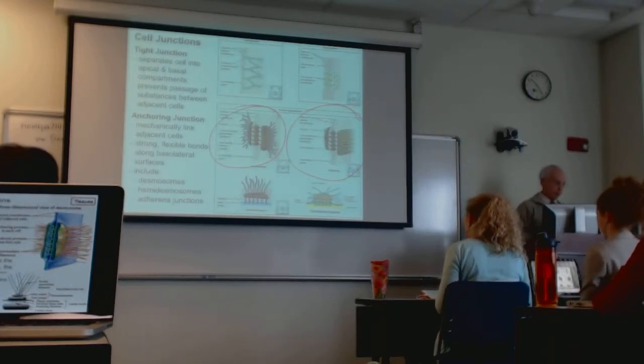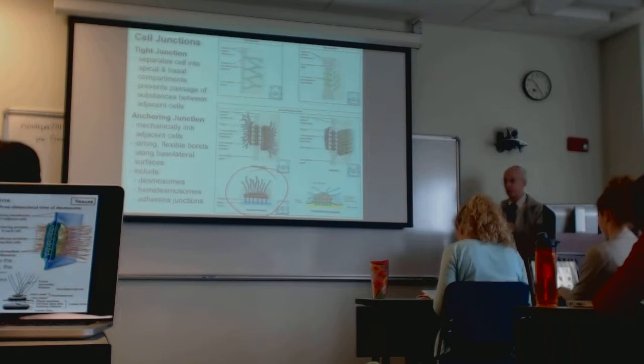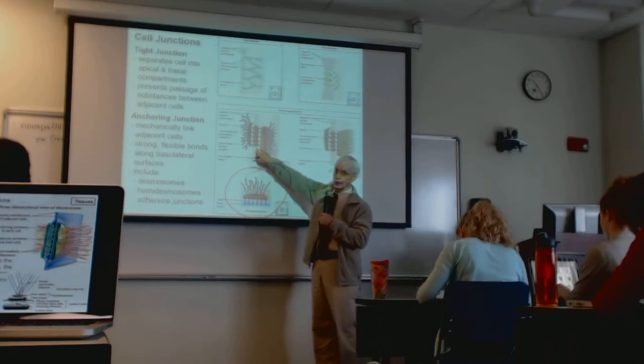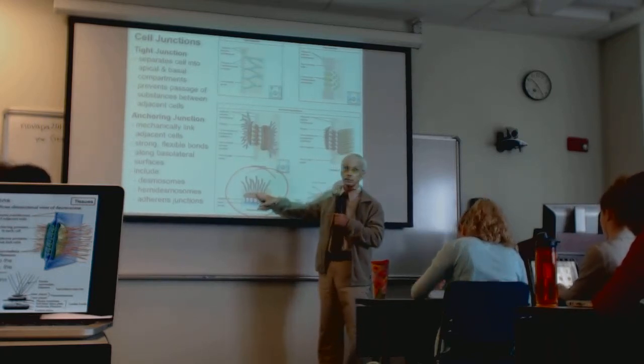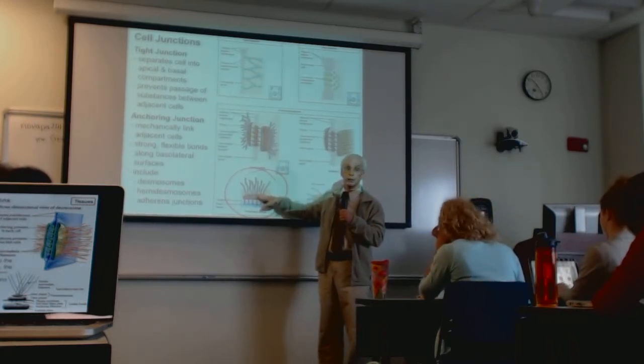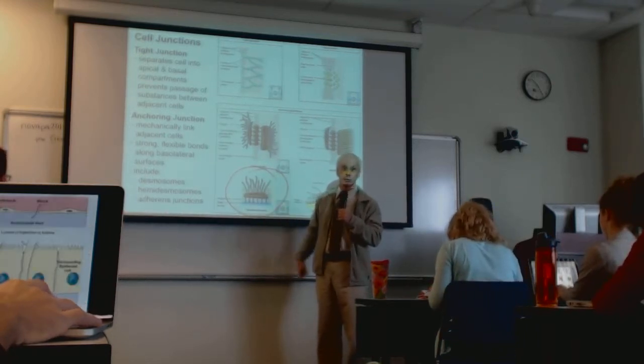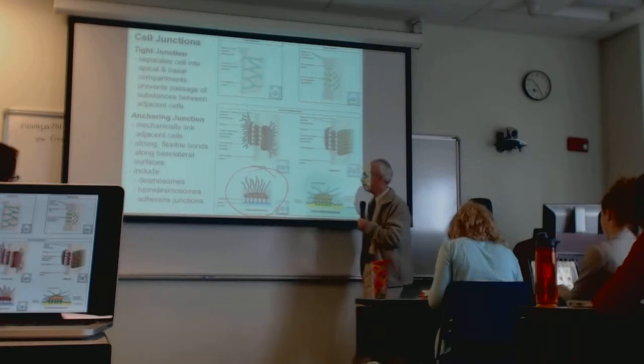Now, the only other type of junction mentioned here in a couple of places is the one at the bottom here. This is called a hemidesmosome. These are different from the desmosomes in that they're not linking two cell membranes together. They're basically binding the basolateral surface of an epithelial cell to the basement membrane, to what's called a basal layer.